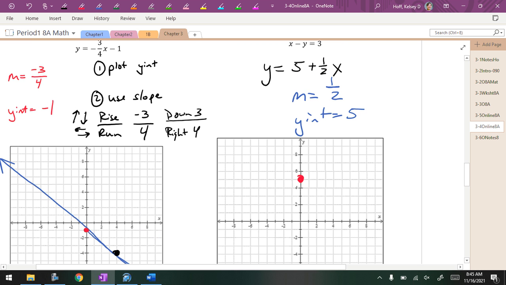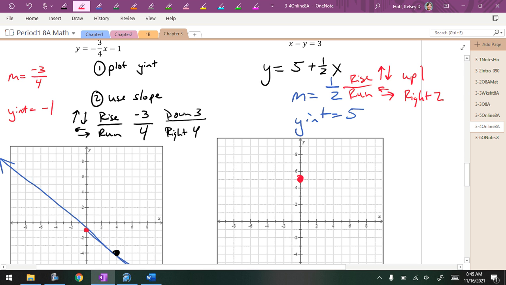Now, remind yourself, slope is rise over run. Rise can go up or down. Run can go left or right. Is my 1 positive or negative? It's positive. So I'm going to go up 1. Is my 2 positive or negative? Positive. So I'm going to go right 2.